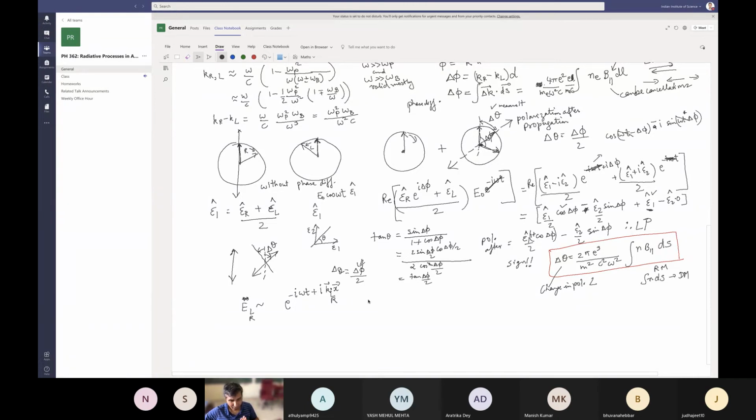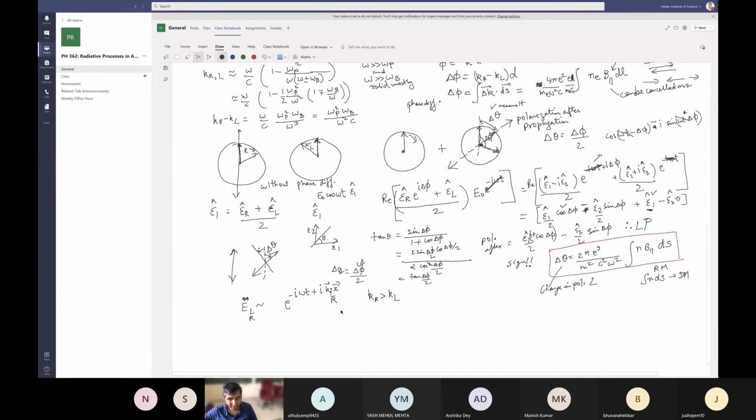So let's see, if your k R is greater than k L, at a given place, omega is the same, time is the same.